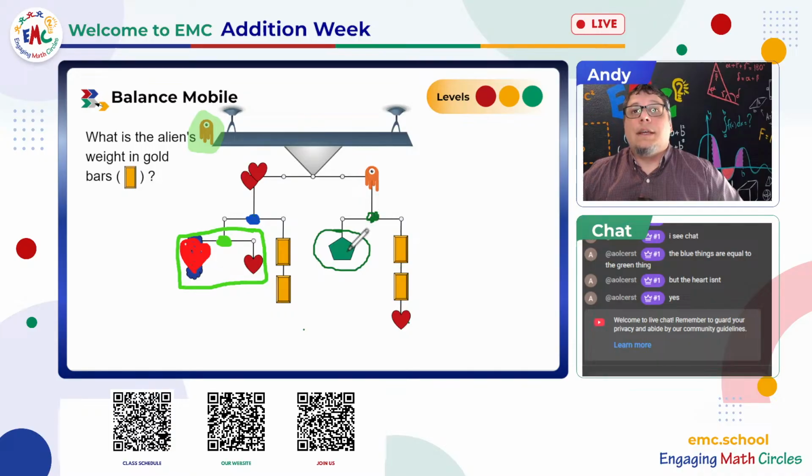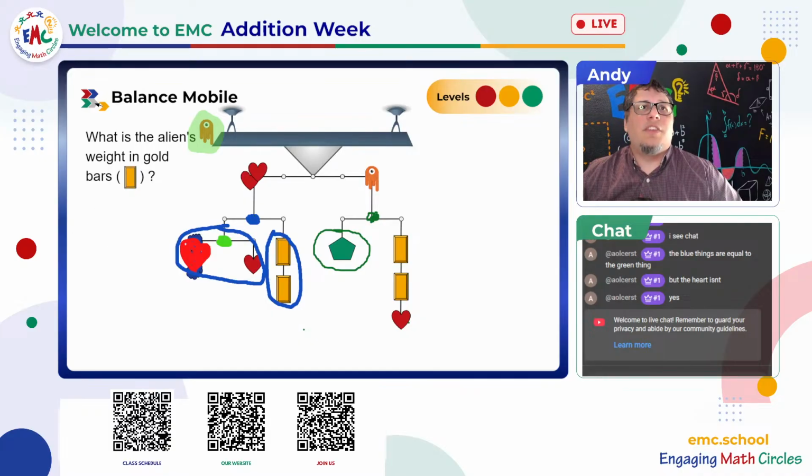The dark green pivot point says that the pentagon is two bars and a heart. But at the same time, we can say that two gold bars equal two hearts, right? Yes, from our dark blue here, we have two hearts on this side and two bars on this side. So we can say that one bar is equal to one heart.